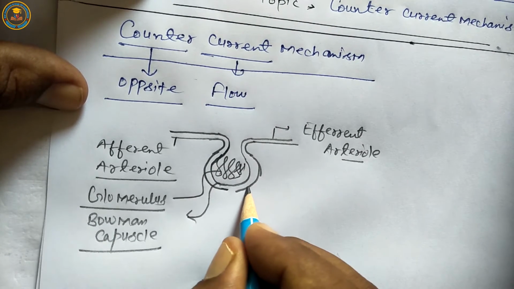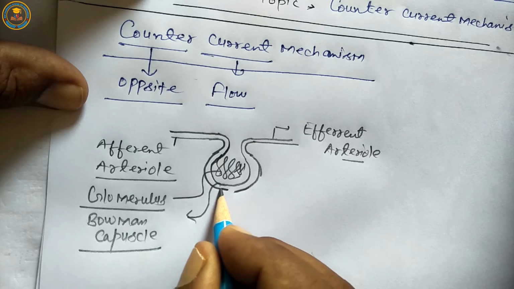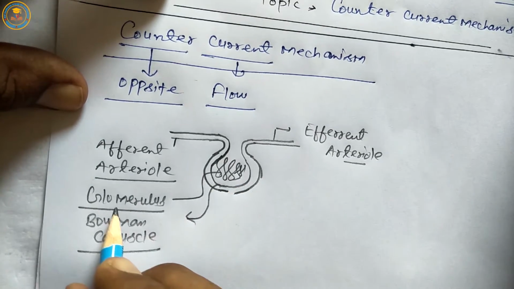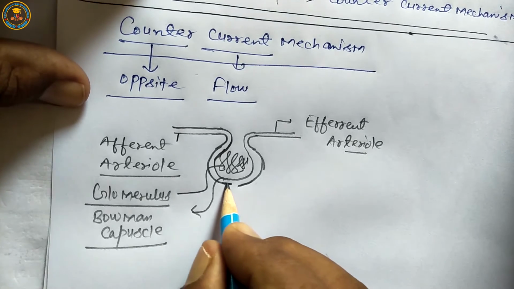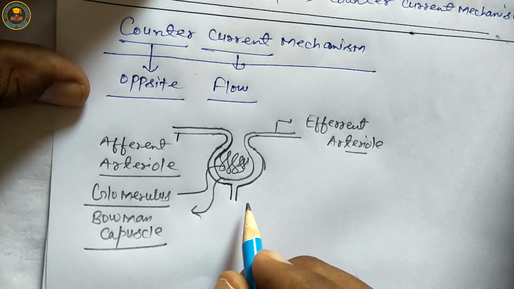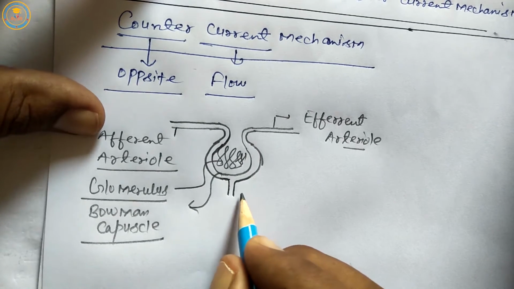Malpighian body has two parts. First glomerulus, second Bowman capsule. Next is the neck part, it is the ciliated epithelial part of nephron.